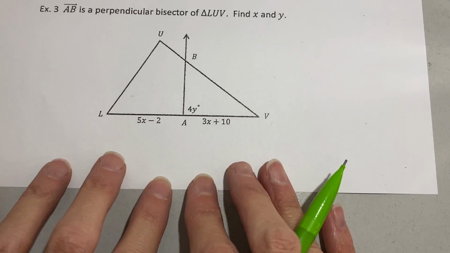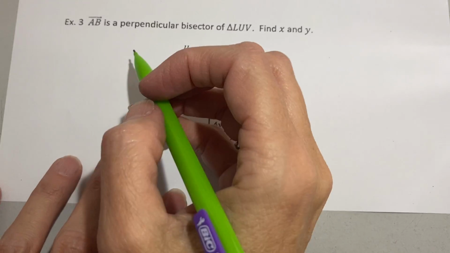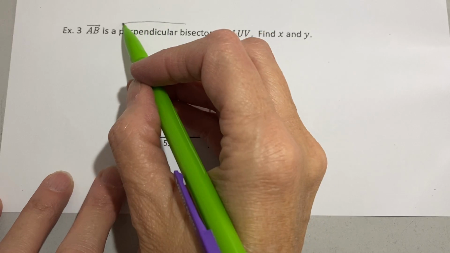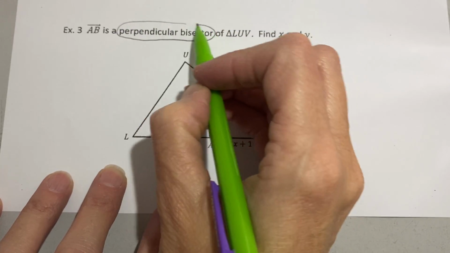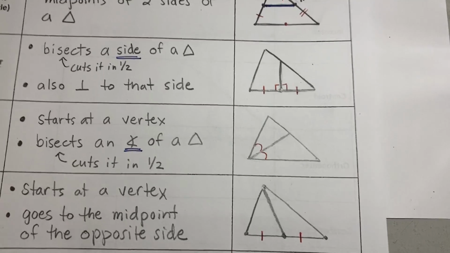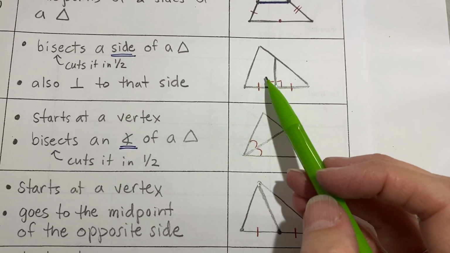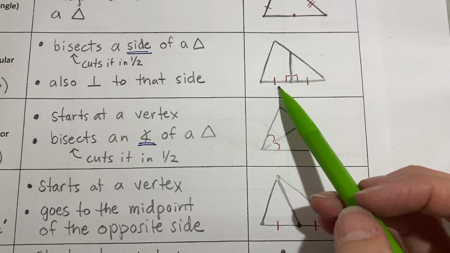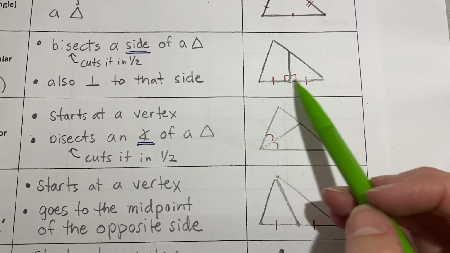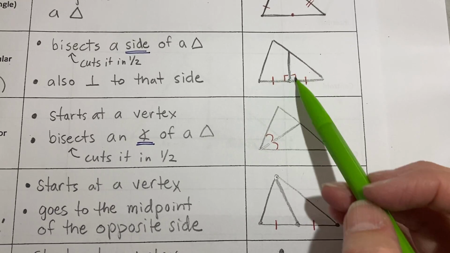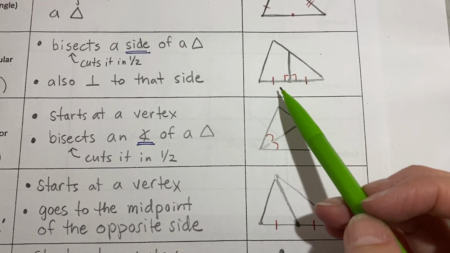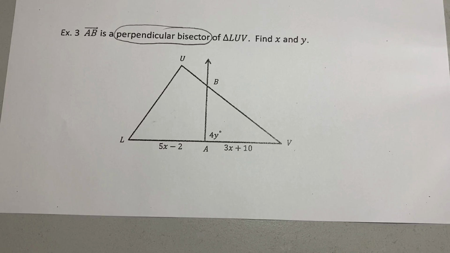Okay, last one. It says ray AB is a perpendicular bisector. And if you look at this, it'll help, if you want to see what marks to put when it's a perpendicular bisector. You mark these right angles and these hash marks. So both of those things can be marked when it says perpendicular bisector.